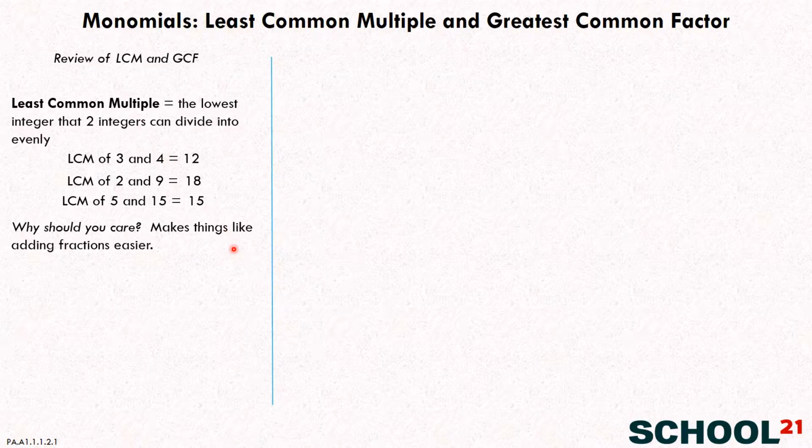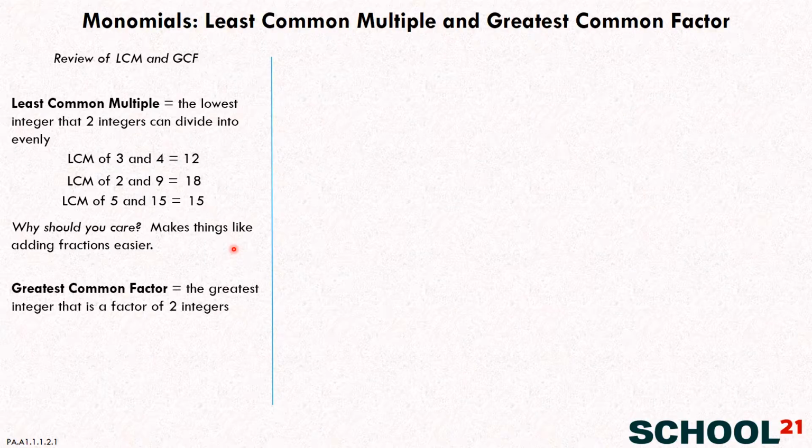Okay. Now, that's LCM. Let's talk about greatest common factor. Okay, so this is another definition here. Let's take a look. The greatest integer that is a factor of two integers. Okay? So we're not going to be finding a multiple, but we're going to be looking for factors. So let's take a look at an example here.